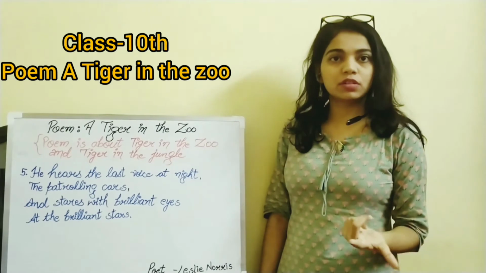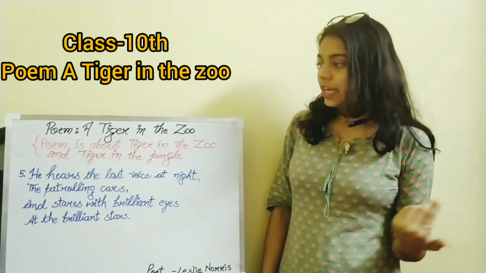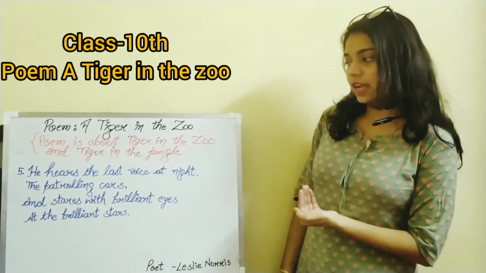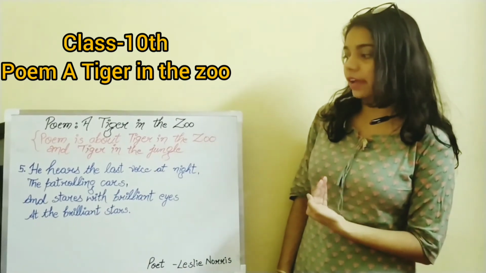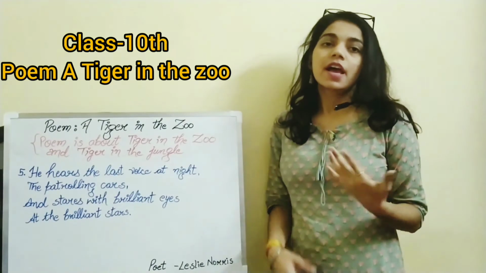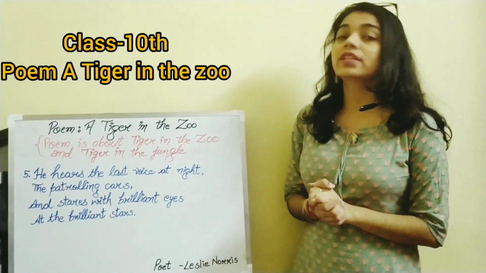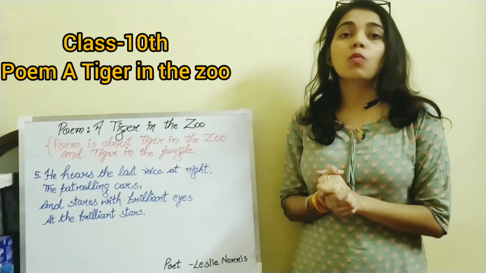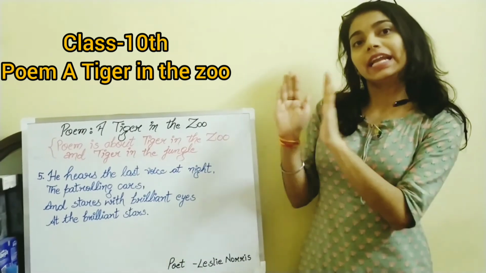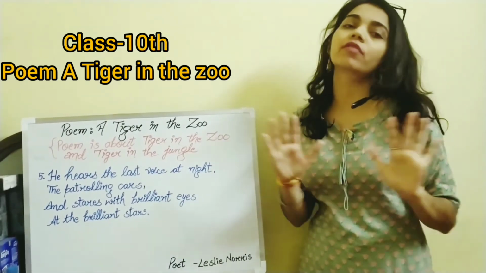So, as we are on the last stanza of the poem, he hears the last voice at night, the patrolling cars, and stares with brilliant eyes at the brilliant stars, as the tiger in the zoo is in a cage. So at night, at last, what he hears is the sound of the patrolling cars.